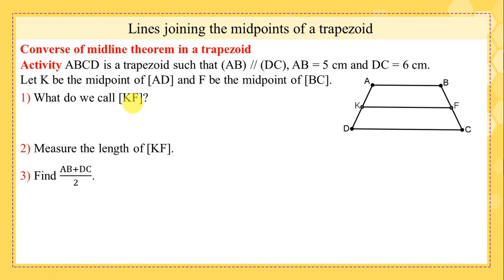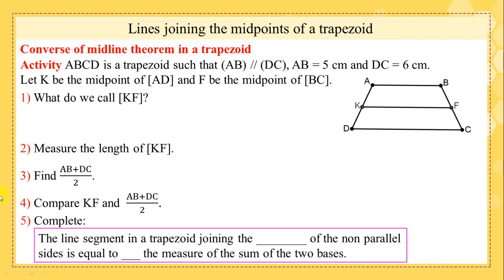Find (AB plus DC) over 2. 4. Compare KF and (AB plus DC) over 2. And 5. Complete. The line segment in a trapezoid joining the midpoints of the non-parallel sides is equal to half the measure of the sum of the two bases. Please pause the video and try to solve this activity.